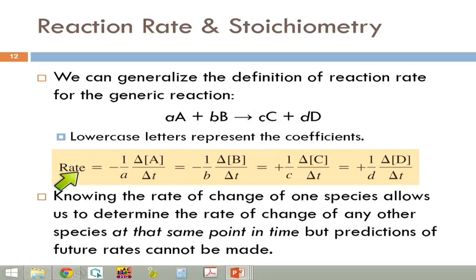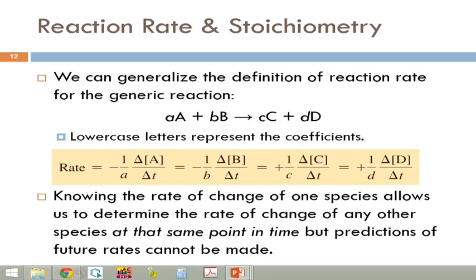So the rate would be equal to minus 1 over a, because this is the coefficient on A. It's negative because it's a reactant and the concentration is decreasing, times the change in the concentration of that reactant divided by the change in time. We can also say that's equal to minus 1 over b times the change in the concentration of B divided by time. And that's equal to 1 over c times the change in the concentration of C. This one's positive because that concentration is increasing. And this one is also positive.